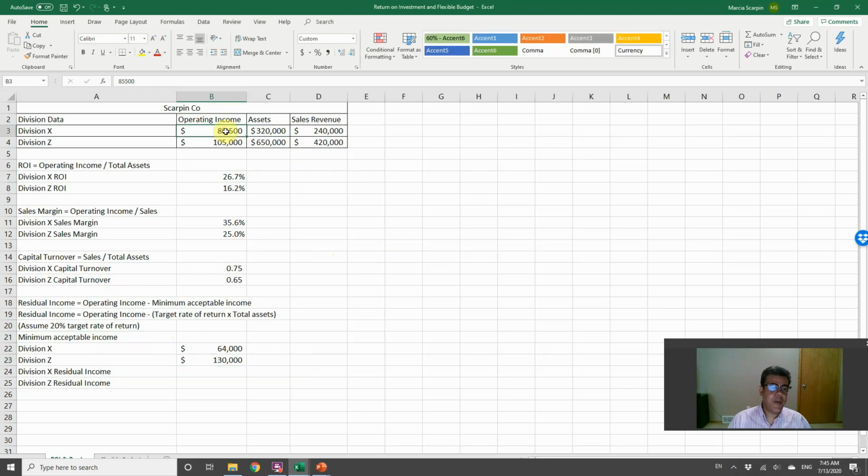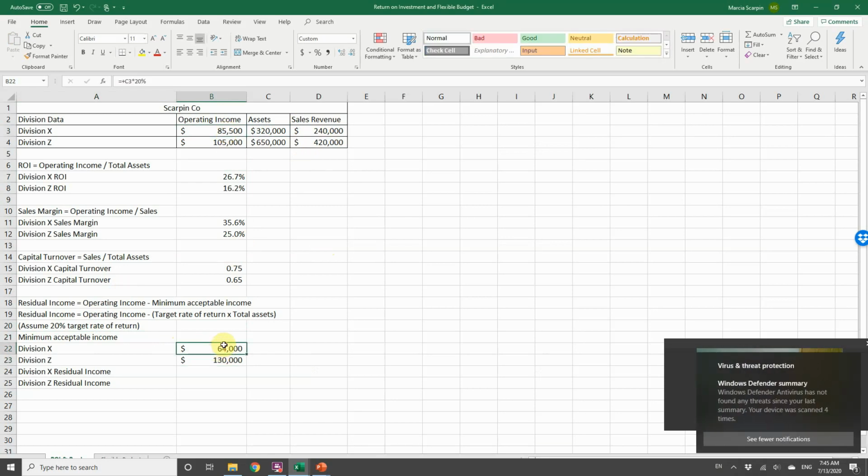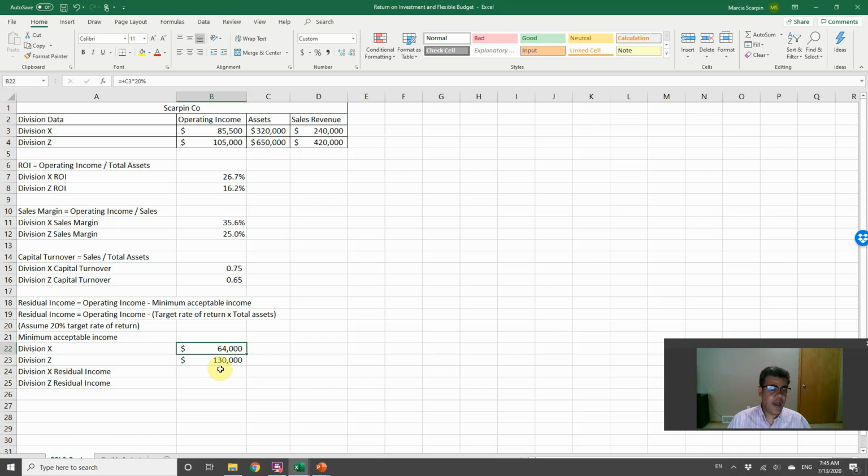So if we compare operating income with the minimum acceptable income, we will have for Division X, operating income 85.5 less 64, positive 21. Division Z, 105 less 130, negative 25. Here, residual income is not as common as return on investment because we will have the same conclusion.